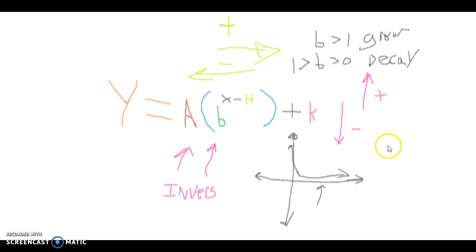Now, if you have a k value, the k value is going to be whatever the asymptote is. So you could say k is the asymptote. I probably spelled that wrong. Never mind.